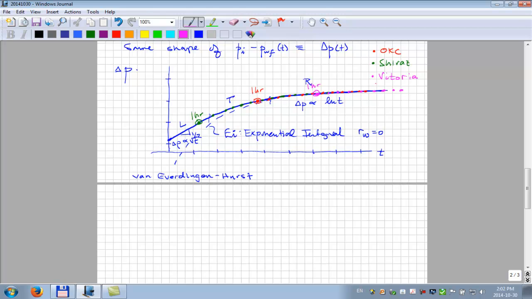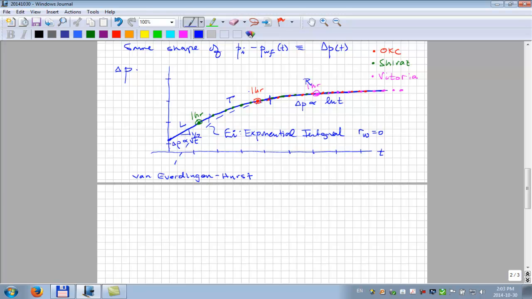We agree if it looks like that, they all have the same shape, but they are at a particular point in the shape, square root of time, logarithm of time, transition, at different points in time, right? The transition for my well occurs after 2 hours. In Brazil, it's at 30 seconds.